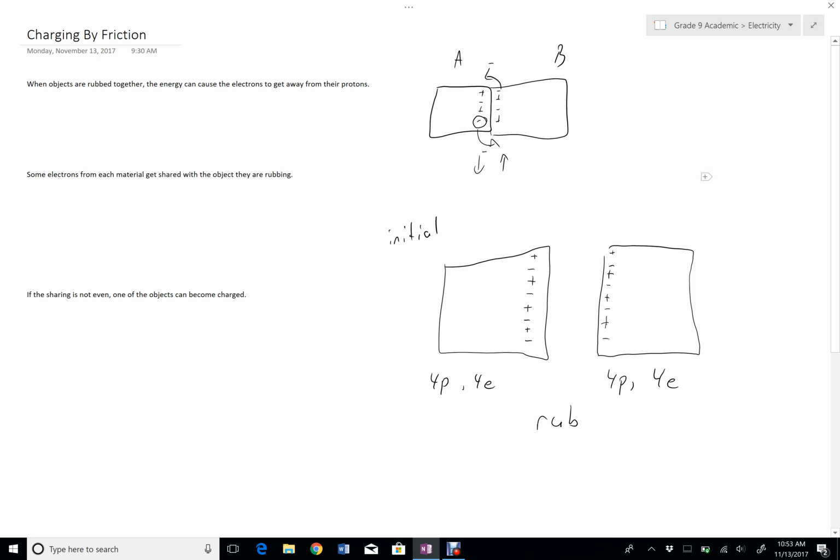And let's just say that material A is not as good at holding on to its electrons.